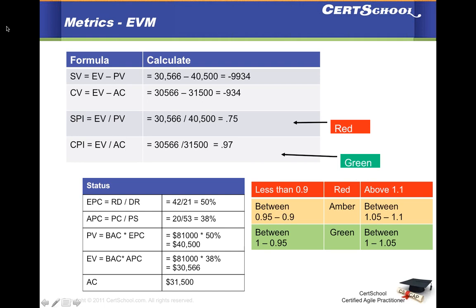Okay, another question on why do we have variance and index? Well, the usage of variances and indices is different, and sometimes you have to fit these values into bigger formulas, like you want to find out the estimate at completion, called EAC.